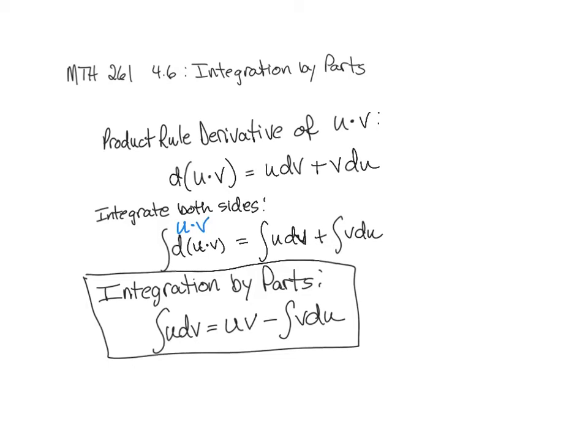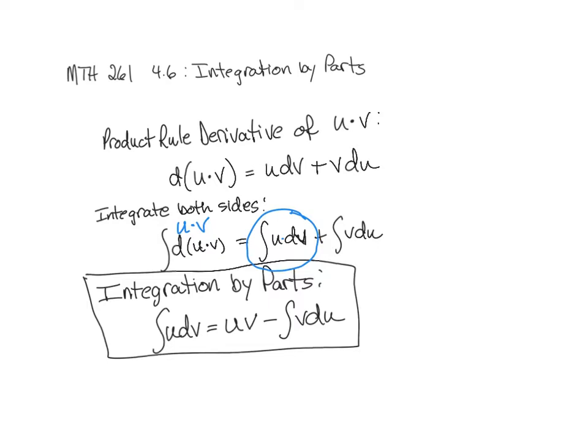And what your question is going to be is this bit. So your problem is going to be the product of two functions. One of them you're going to name u, and the other one you're going to name dv.